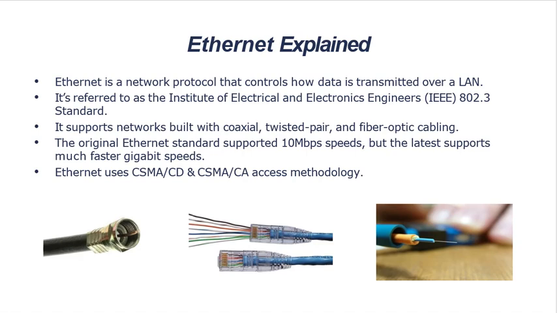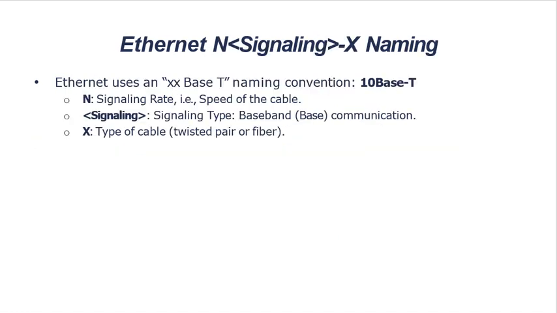When it comes to Ethernet cabling, Ethernet has its own naming convention. It's not that popular, but for those of you that go on and pursue a career in IT or networking, it's something you're going to want to know. This is the naming format where we have N, then we have the signaling, and then we have X, where N is the speed of the cable.